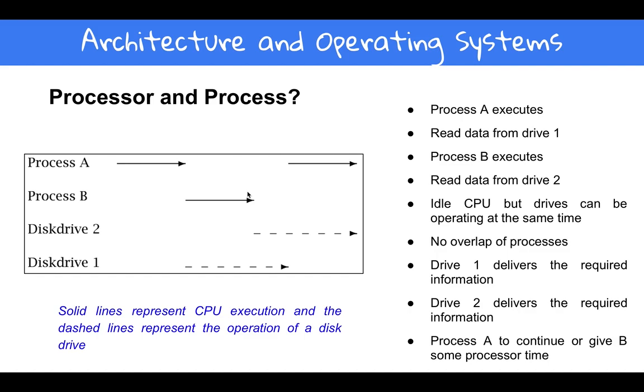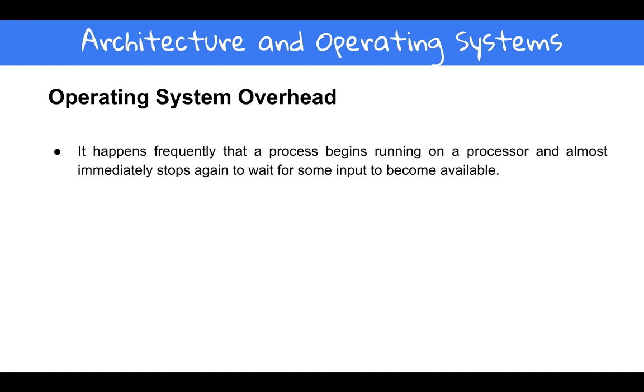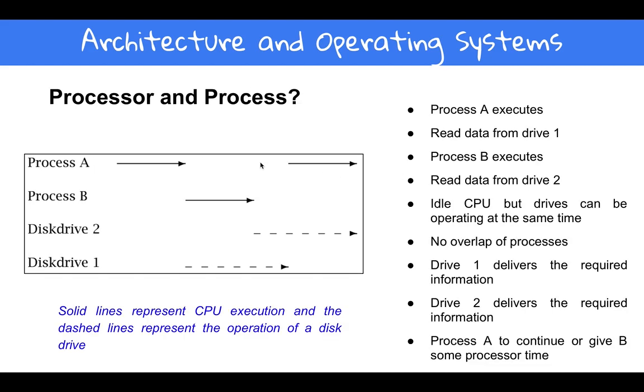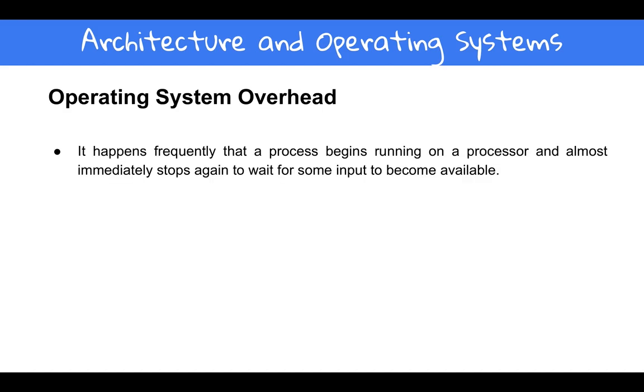Let's see what this problem is. Overhead. It happens frequently that a process begins running on a processor and almost immediately stops again to wait for some input to become available. Here, it stops and it wants to run again. In this time, it has to save the data and reload the data.